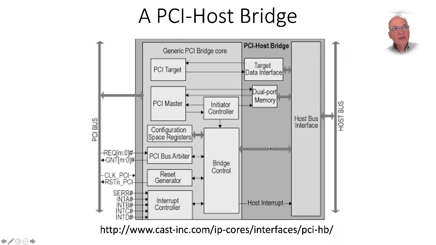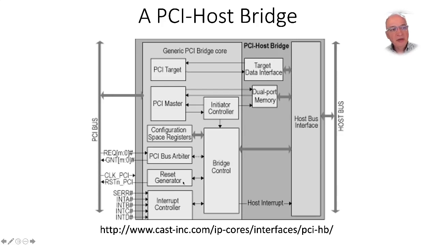A PCI host bridge will look something like this, where I have the PCI bus on one side and the host bus on the other side. Here I have the host bus interface, and I have several different components that form this bridge. I put in this figure just to illustrate that there is quite a bit of complexity in the construction of such a bridge.